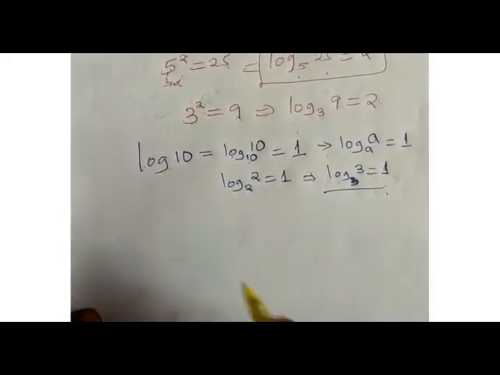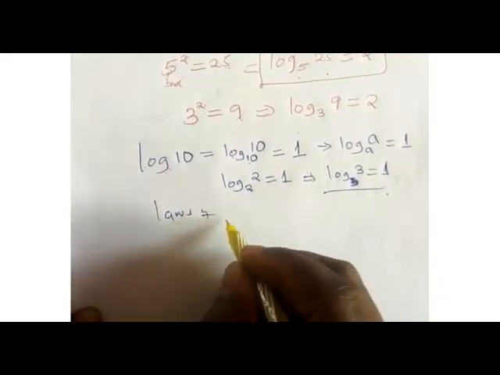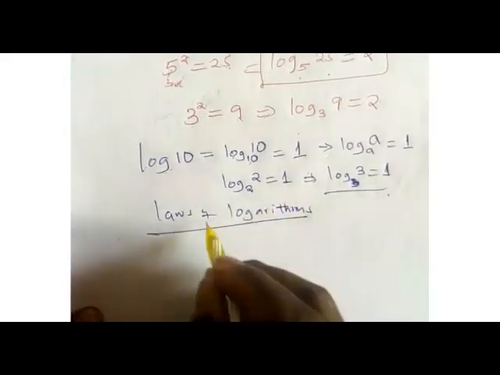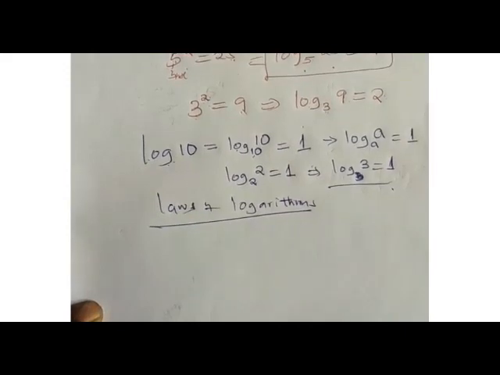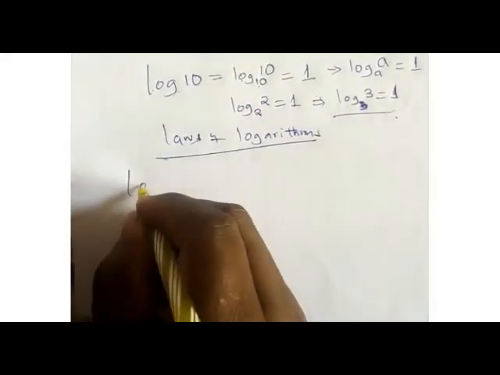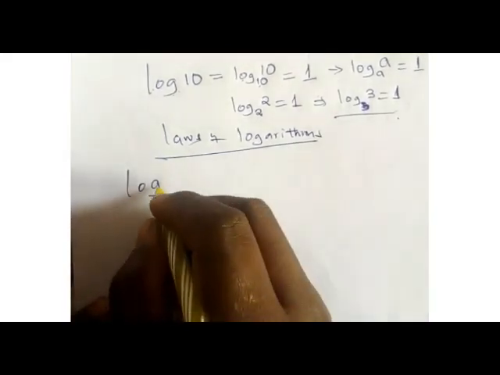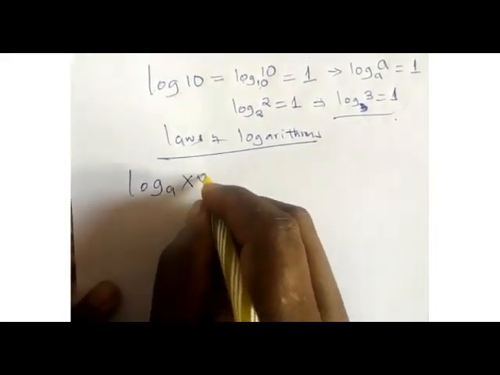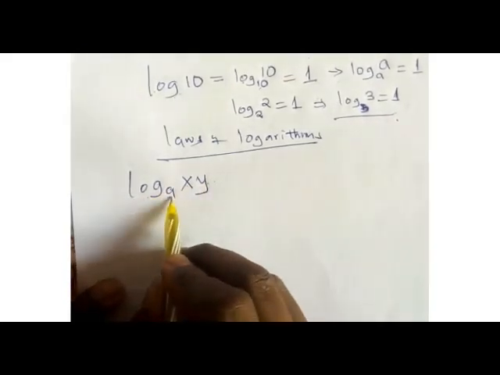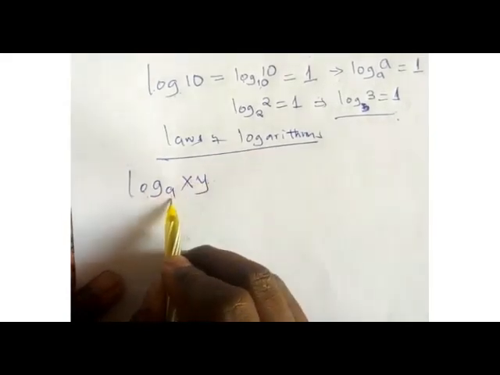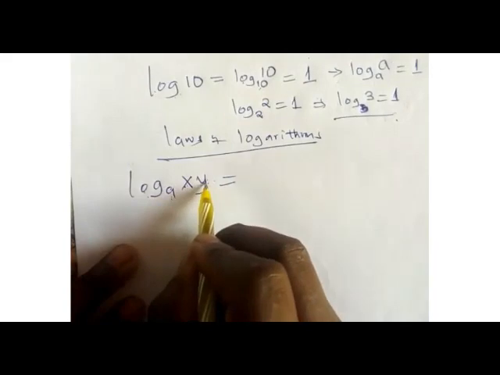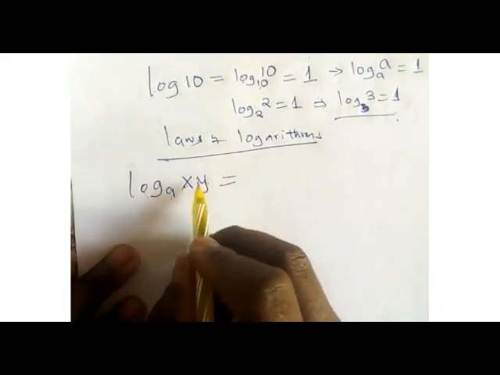So that takes us to laws of logarithms. Log a of xy. This is multiplication. This is x times y. The logarithm of xy to base a is the same as, because remember, when we multiply in indices, we add.